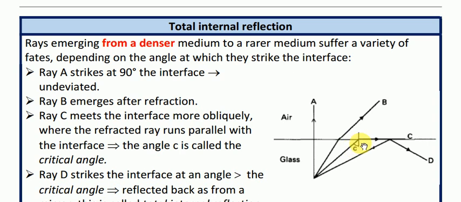Rays striking more obliquely fail to emerge from the denser medium and are reflected back into it as from a mirror. It will act like a mirror then. This is called total internal reflection.